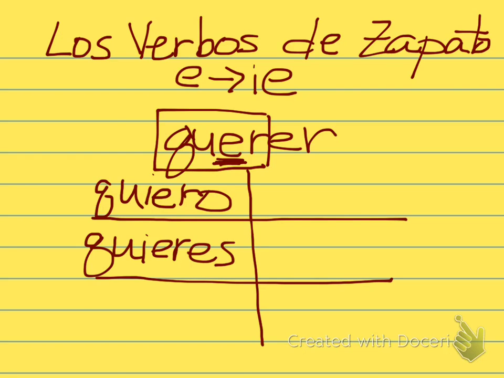Ella, usted: quiere. He, she, you formal one. And then en la forma de ellos, ellas y ustedes es quieren.